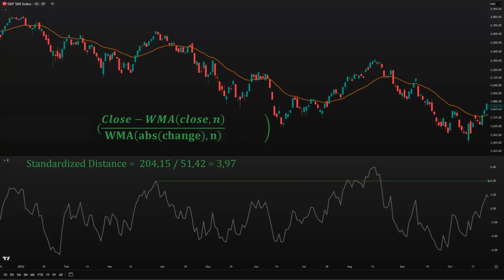This means the current position of the closing price relative to its moving average is positive 3.97 units of current volatility. If the price were below the moving average, this number would be negative. Now, we need to put this into a structured scale. The normalization factor is n minus 1, so for a 14-period RSI, it's 13.